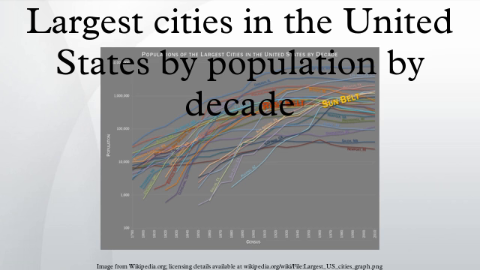1890. The 1890 census was the 11th. The total population of these 10 cities was 6,660,402. 1900. The 1900 census was the 12th. The total population of these 10 cities was 9,477,400. 1910. The 1910 census was the 13th.